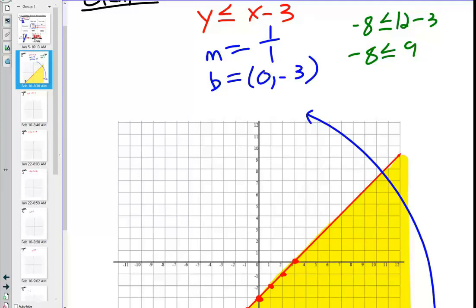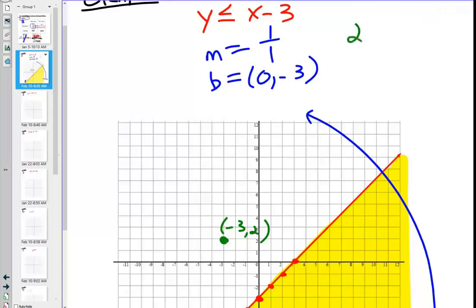Let's go the other way with it. Elizabeth, give me a point that falls on the white. She says -3, 2. Okay, I agree with her. -3, 2 does fall into the white. Let's see what happens here. Now her y was 2, and then her x is negative 3.